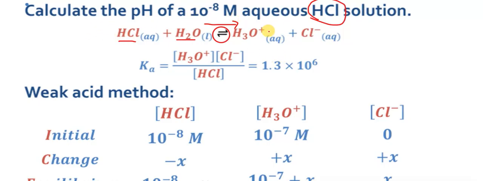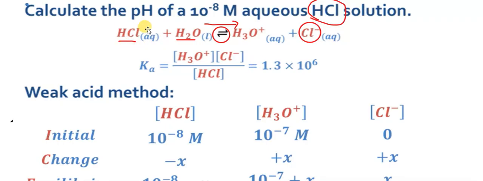It cannot reverse to the reactants. That is one reason. The second reason is that its conjugate base is a weak base. A strong acid has a weak conjugate base. This weak conjugate base does not have the ability to accept a proton from the hydronium ion to form HCl again.